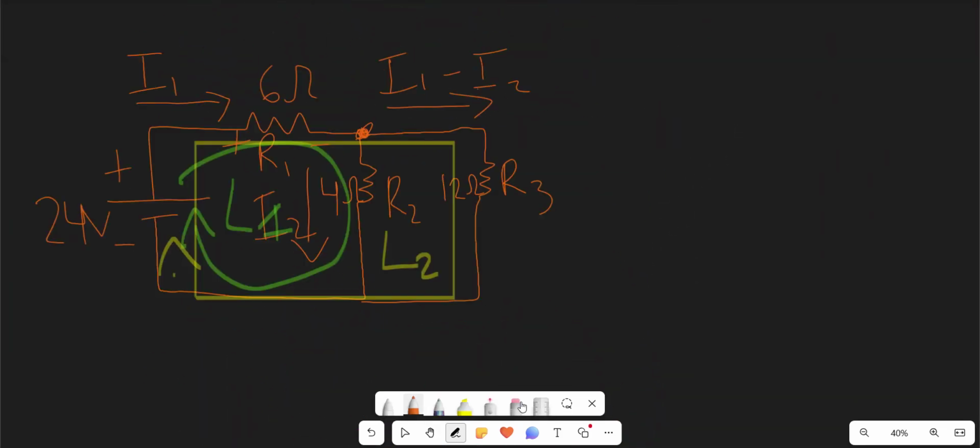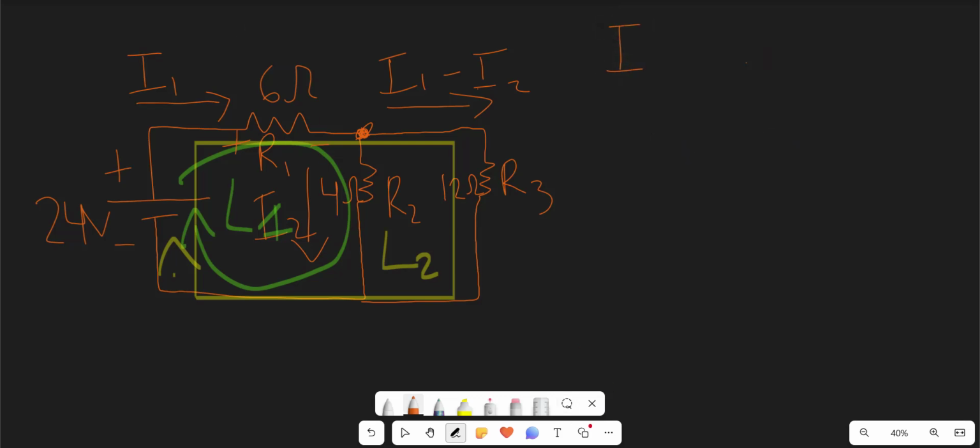Okay, so here's our original circuit that I just copied and pasted. So we found that I1 was 2.6 repeating amps, and I2 was 2 amps. So this means that we have 2.66 amps current going in this direction towards the 6 ohm resistor.